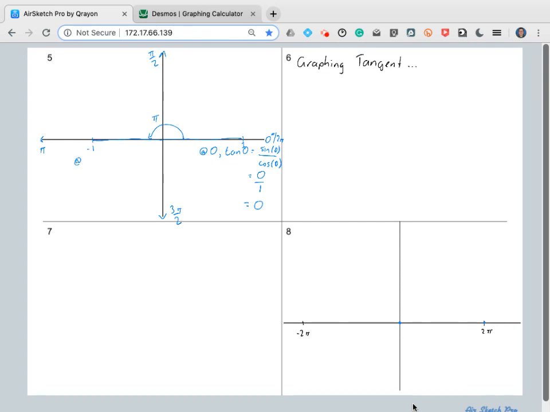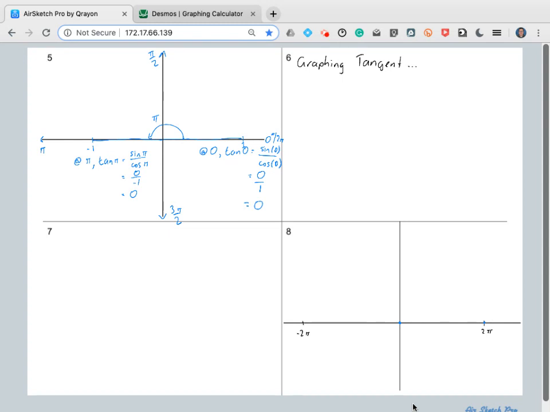So at pi, or 180 degrees, the tan of pi is going to be equal to sine pi over cos pi. Sine pi again is 0. Cos pi is -1. But again, 0 divided by anything is just 0. And so we have 0.